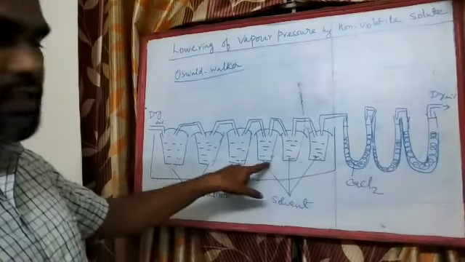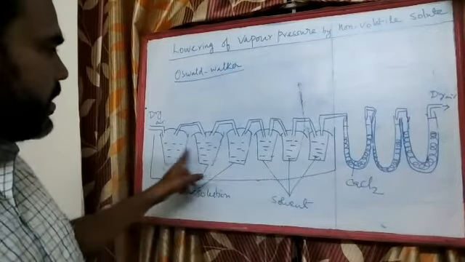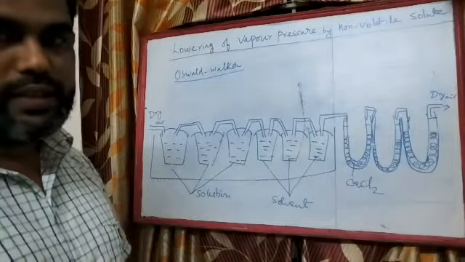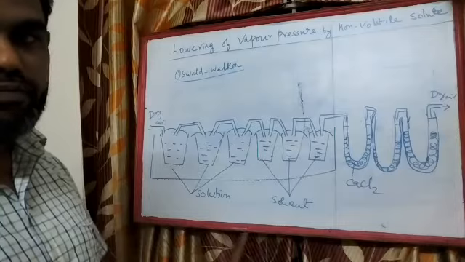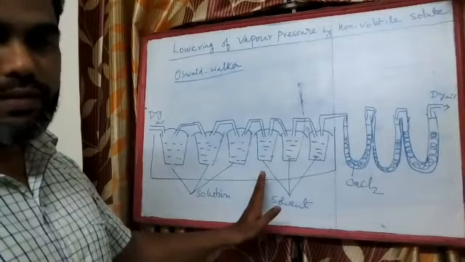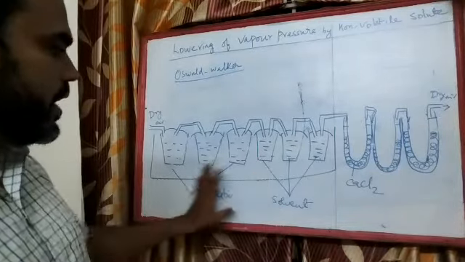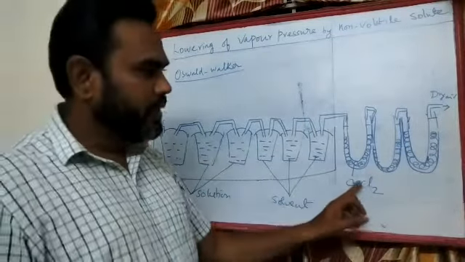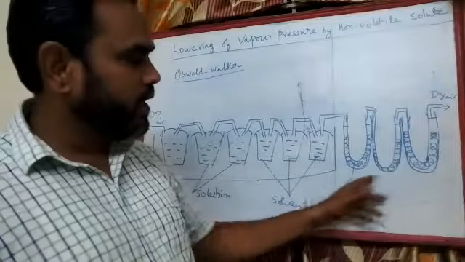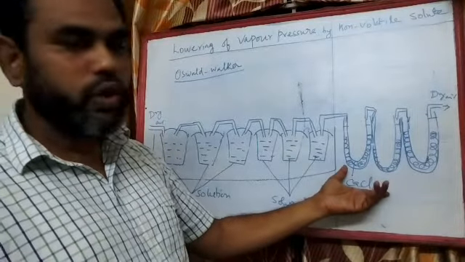All 6 bottles are connected, and they are weighed before starting the experiment. The pre-weighed solvent and solution bottles are connected continuously, and then the pre-weighed calcium chloride containing U tubes are taken.